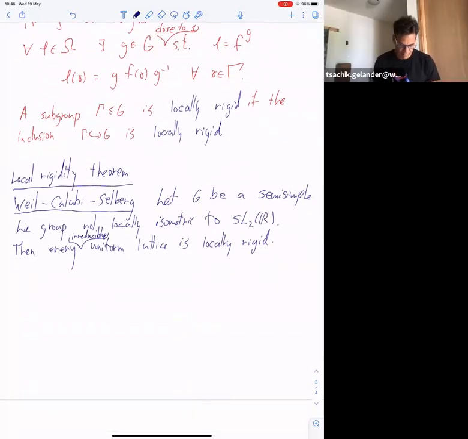Later, Margulis, and who else? Maybe I should say Prasad, Raghunathan. This was generalized by Margulis to higher rank, and Prasad and Raghunathan, I think.